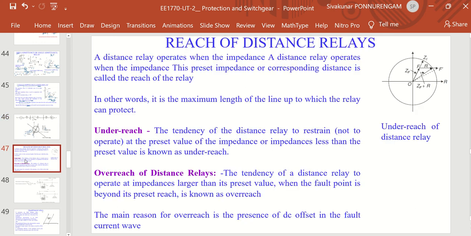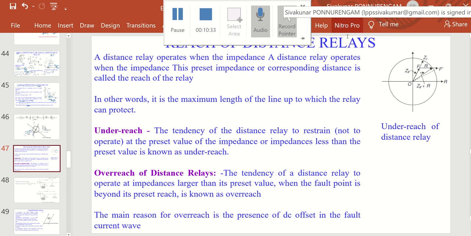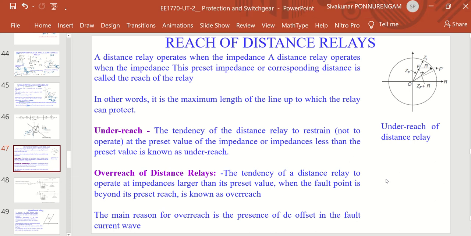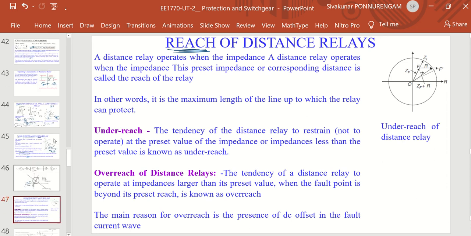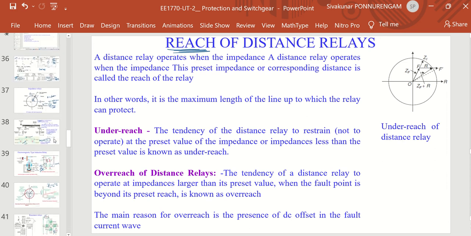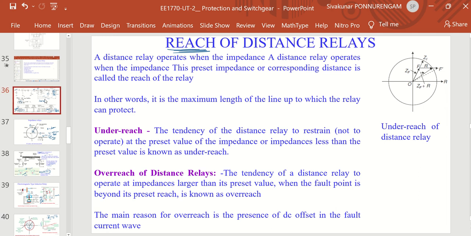Okay. So next thing, the reach distance of the relay system. In the Mho relay or the distance relay, the important term is reach. So what is this reach? Already in the earlier videos we saw the very basics.